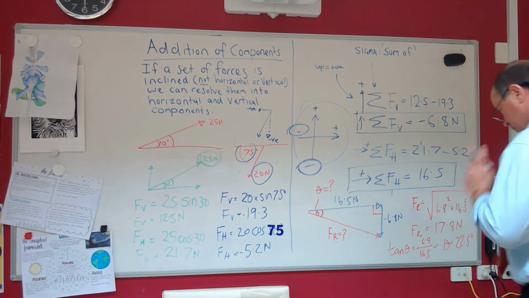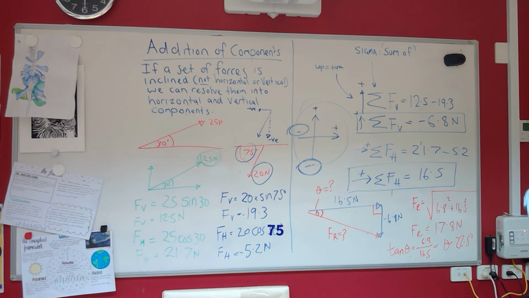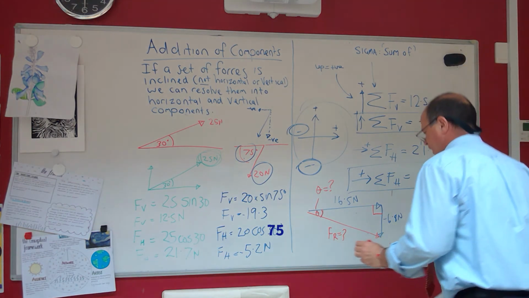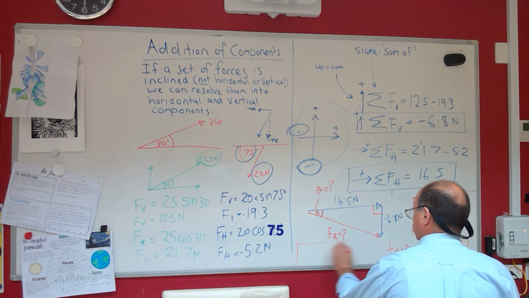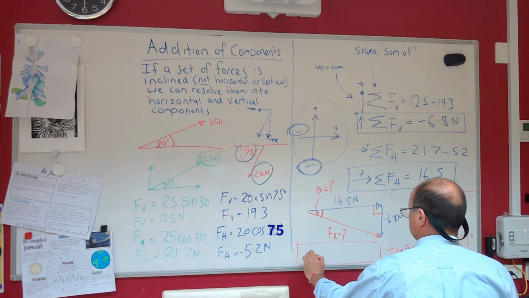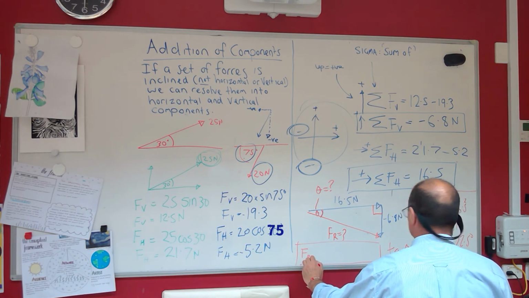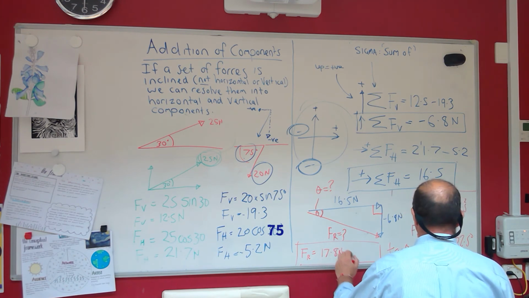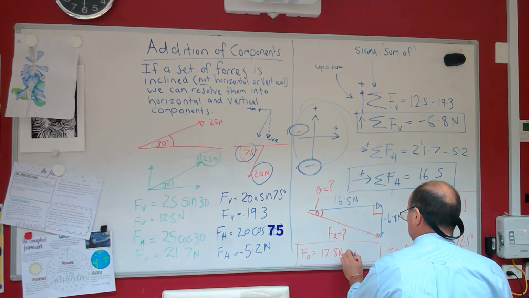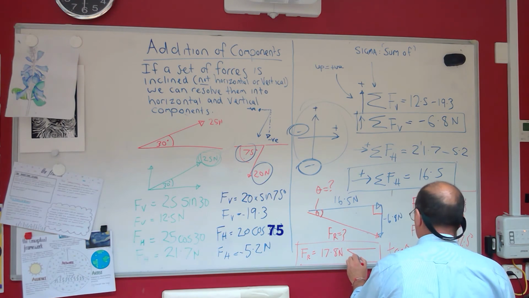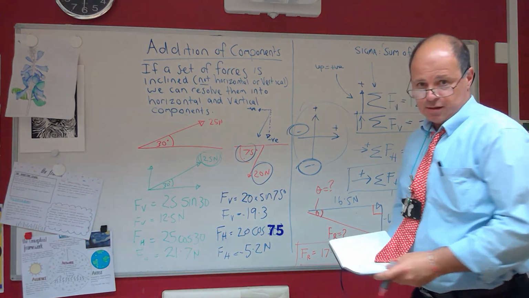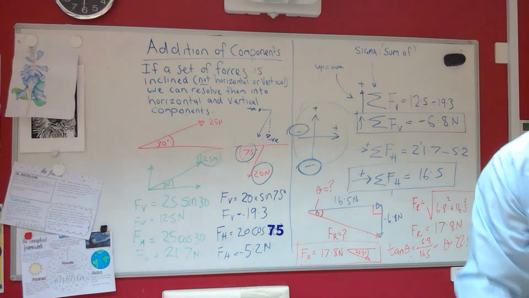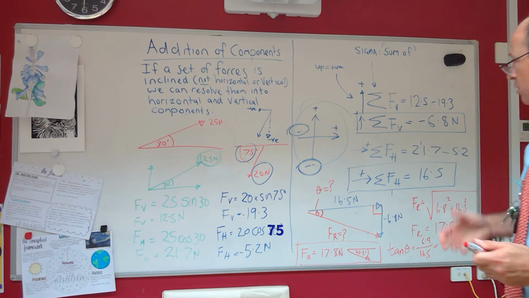Okay, so our final answer, we'll write it down here at the bottom of the board, is force resultant is equal to 17.8 newtons, and we draw a horizontal line and a line going down, and we go 22.5 degrees. And that is our answer, and that is how you do addition of components.